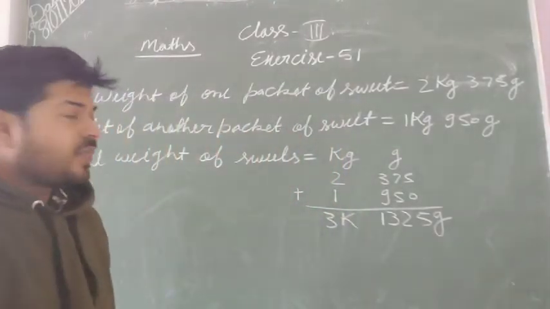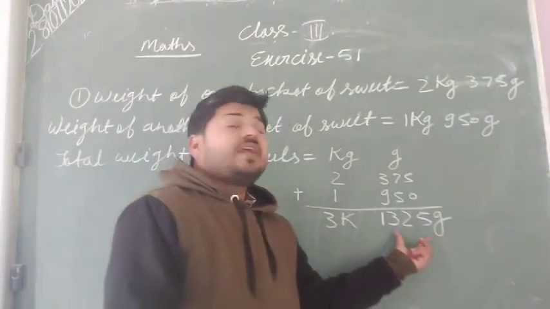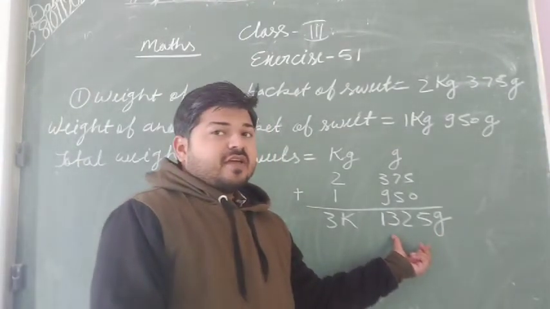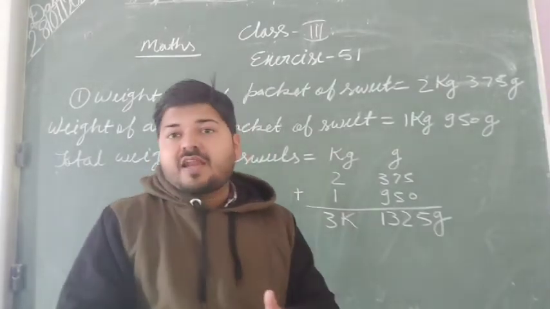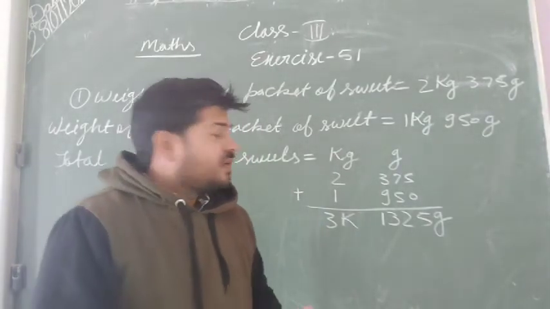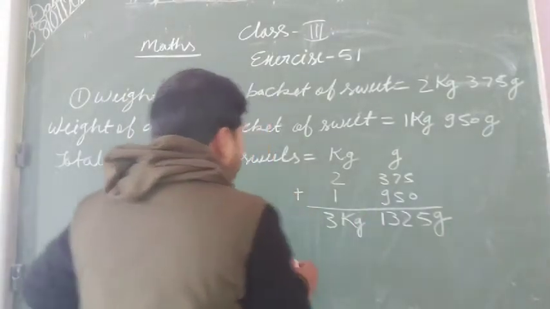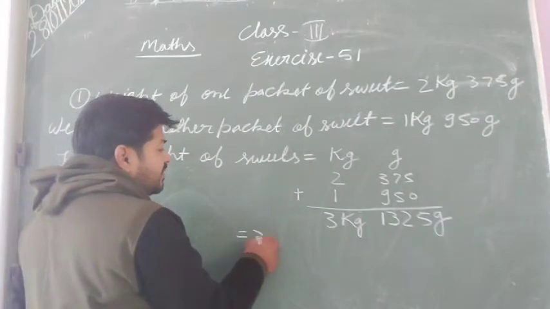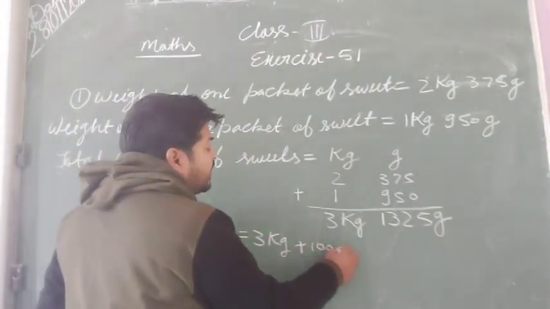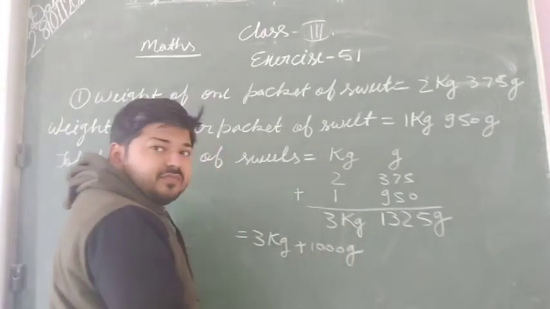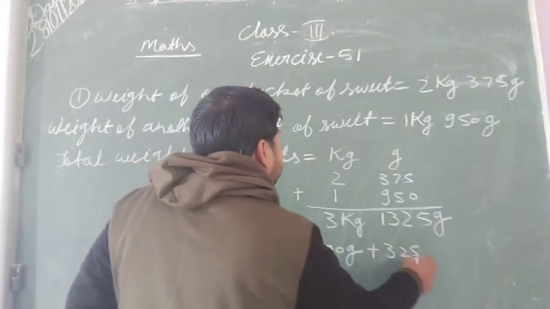1325 gram. So dear students, here you can see this is greater than 1000. If gram is greater than or equal to 1000, then that will be converted to kg. So how do we convert? 3 kg plus 1000 gram plus 325 gram.